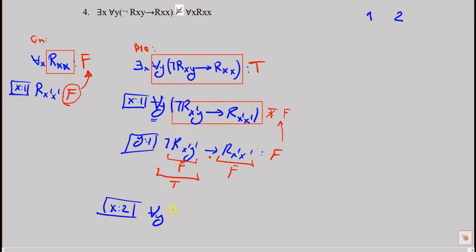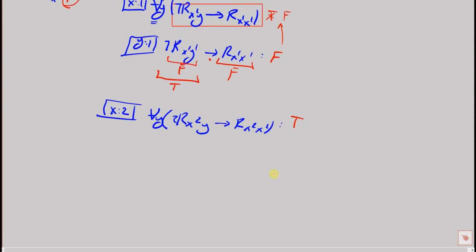Okay, so the question now is whether we can do that. So we have for all y, not R x2 y, arrow R x2 x2. And we want to make this true. This thing that we are trying to make true is a universal: for all y, the thing in the box.